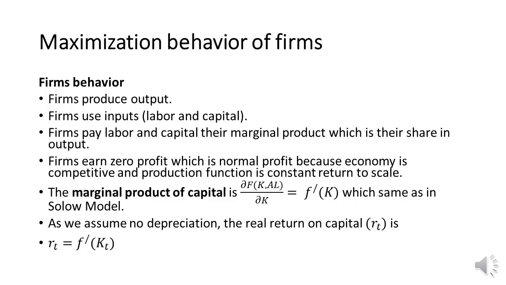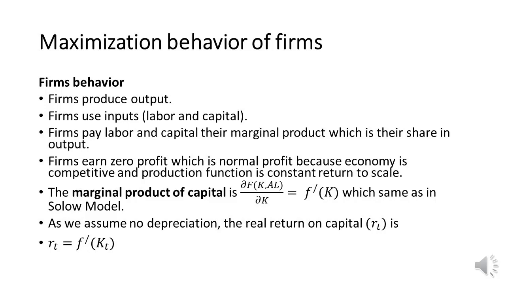Starting with the firms. The firms produce output, and firms use inputs, that is labor and capital, and then firms pay labor and capital their marginal product. So while producing the output, the input is labor and capital, and the share of labor and capital in the output is being paid by the firms as their marginal product.